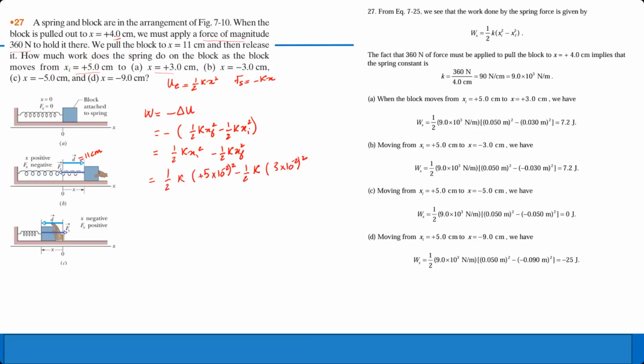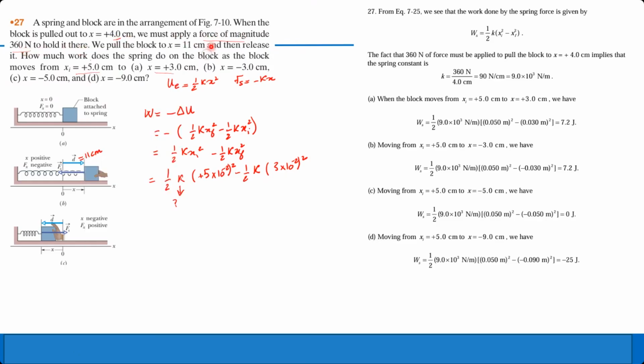My problem here in trying to find the work is that I don't have k. I don't have the stiffness. But to find the stiffness, I will make use of the first given. I am told that if the block is pulled by 4 centimeters, we apply a force of magnitude 360 newtons to hold it there.